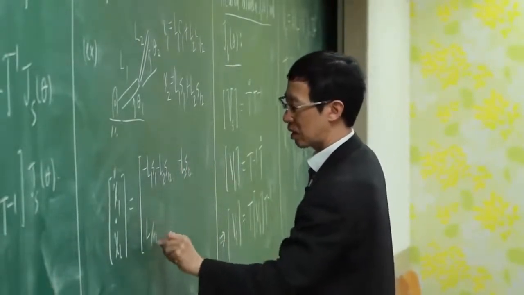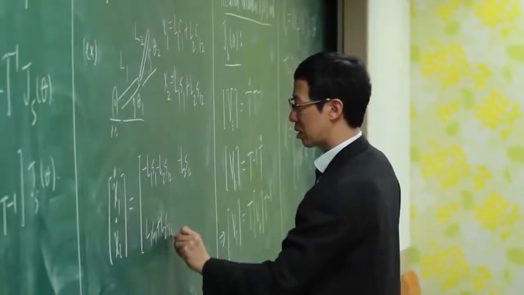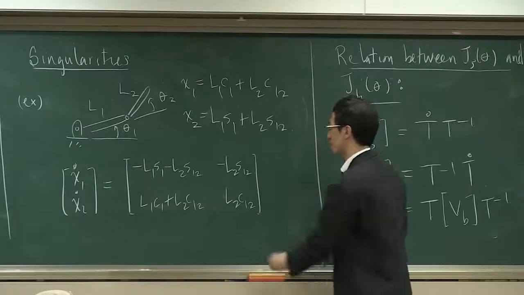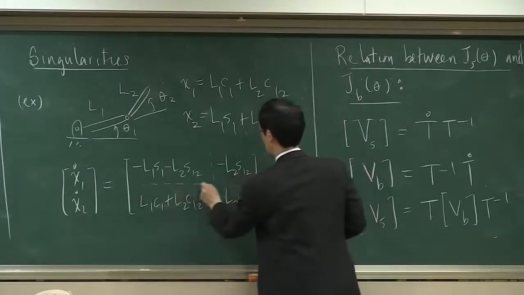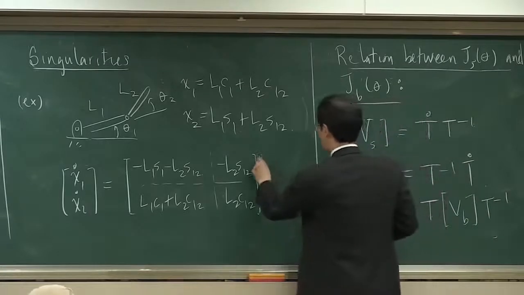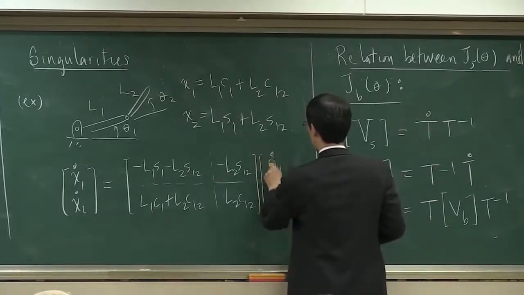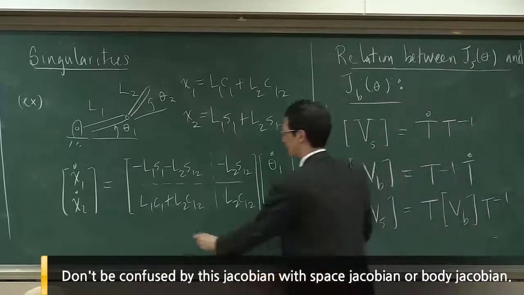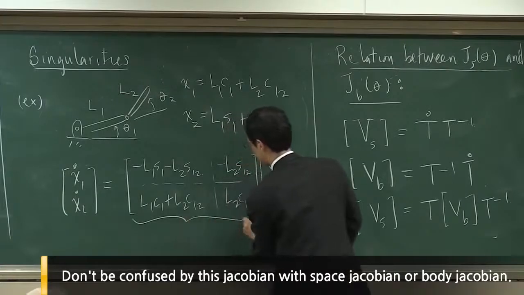Here we have L1 C1 plus L2 C12, L2 C12. So here's the 2 by 2 matrix, multiplied by theta 1 dot, theta 2 dot. So here's my Jacobian, right there.